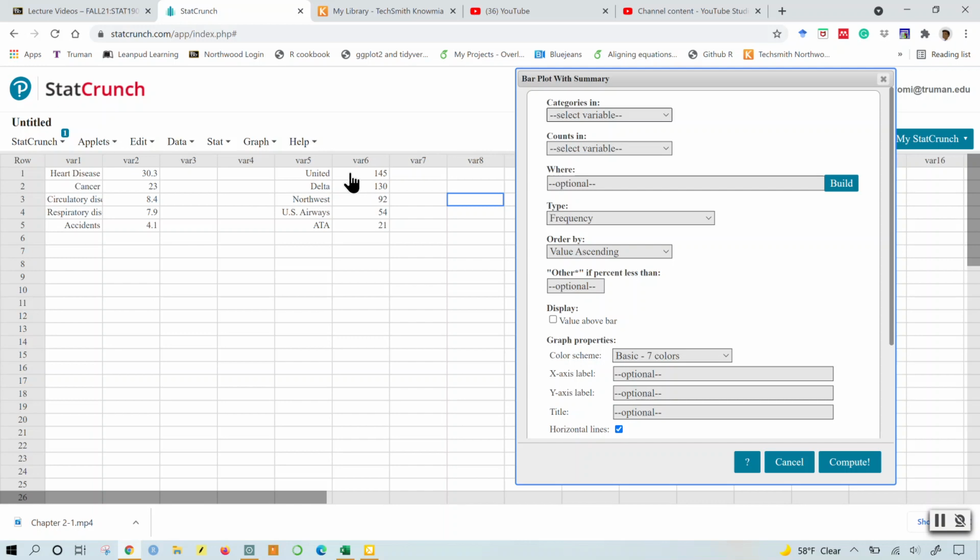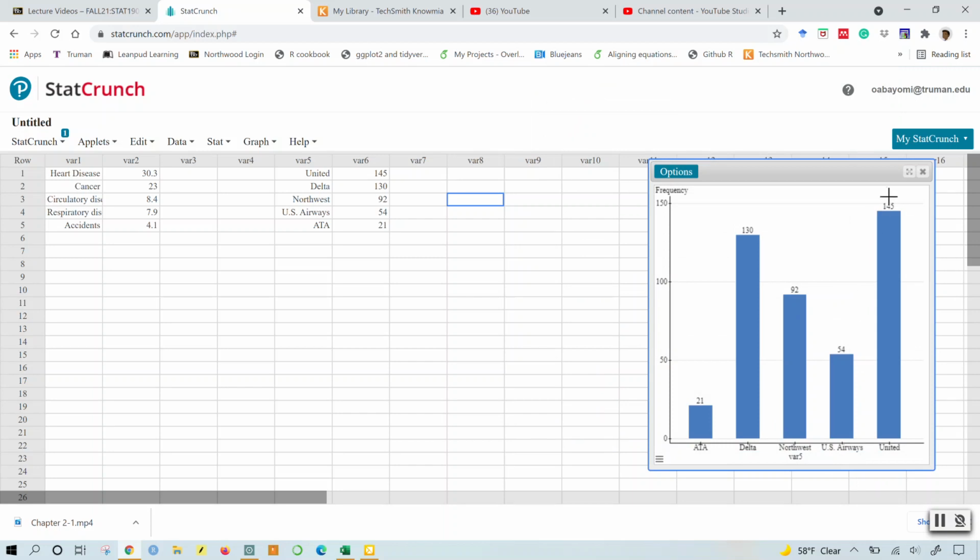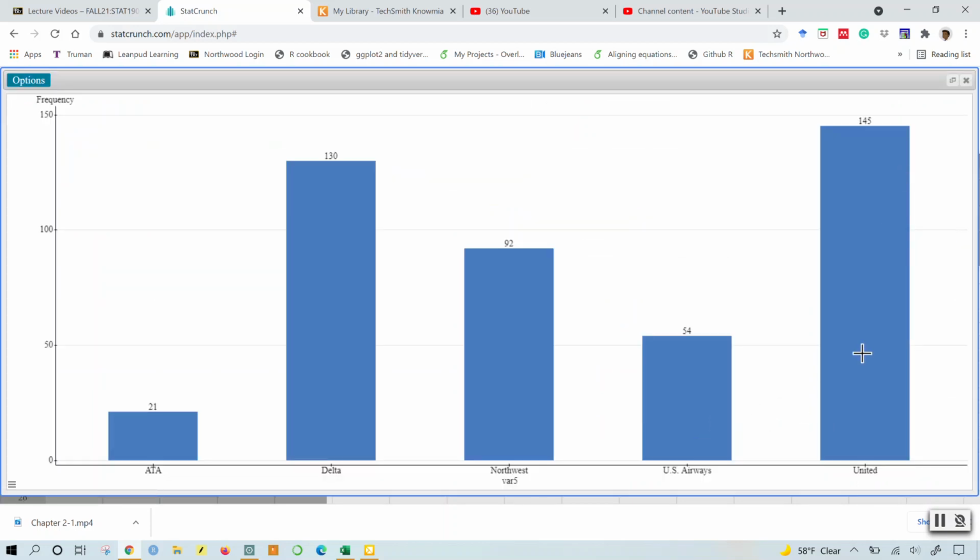For the variable 5, this takes care of all the different categories. So my categorical variable is stored in variable 5, and the individual values in variable 6. And I like to put the value above the bar and compute. Here I go. If I would like to see this clearly, I can zoom in and I can see the bar chart. Done. So we go back to our workbench.